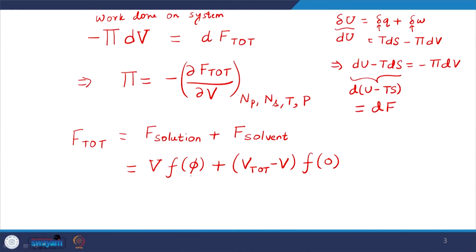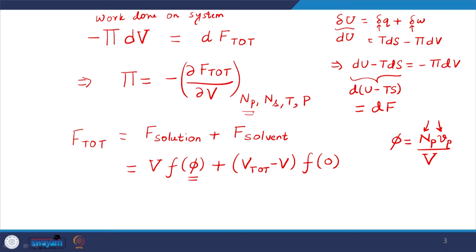So, now you should keep in mind that this phi is related to volume, Np and Vp are fixed. We are assuming constant Vp because the system is incompressible, and Np is also fixed because we have kept that fixed in the partial derivative.